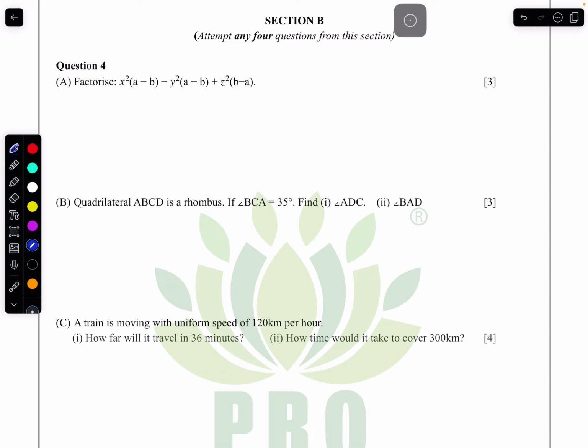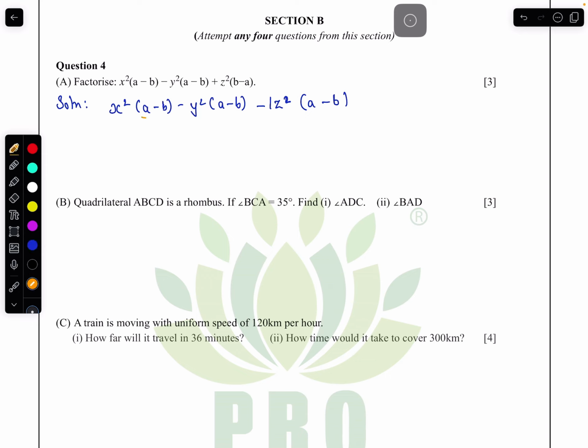So our solution would look like this. We have x squared times (a minus b), minus y squared times (a minus b), plus z squared times, instead of (b minus a), we write minus 1 times (a minus b), so it becomes minus z squared times (a minus b).